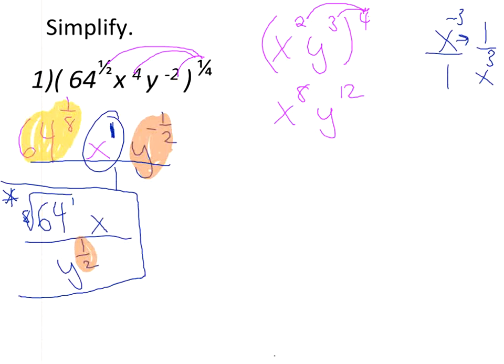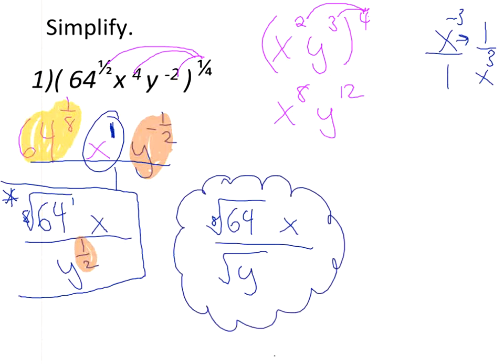I need to do the same thing with the y. So my final answer will be the 8th root of 64 times x on the outside. And then on the last slide, we learned a lot about the 1/2, right? 1/2 is always what? Just a square root. Good job.